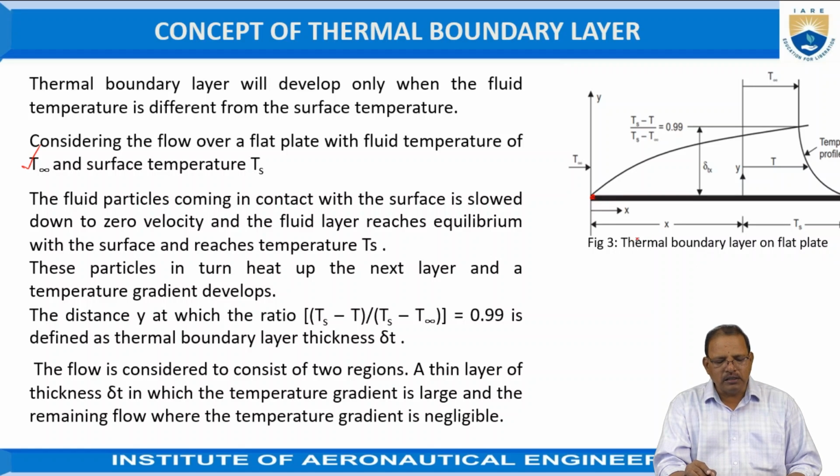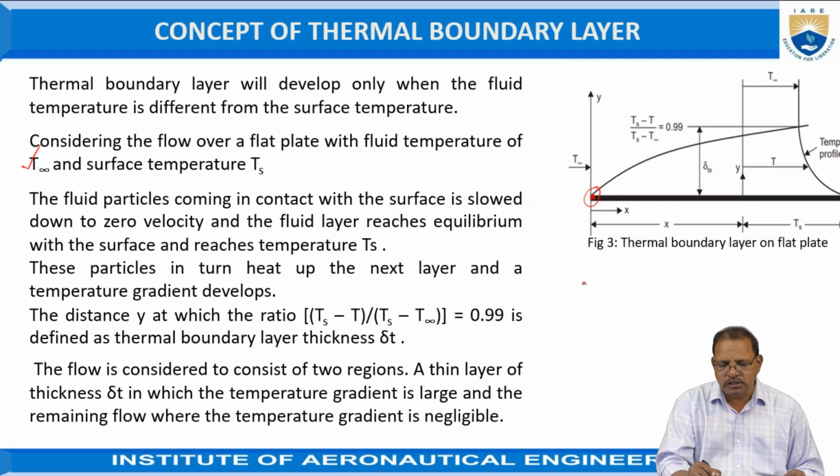So the particle's internal heat of the next layer, by the convection process, and the velocity gradient which is developed gradually decreases. So the gradient, just when it is touching the stationary plate, is given here.